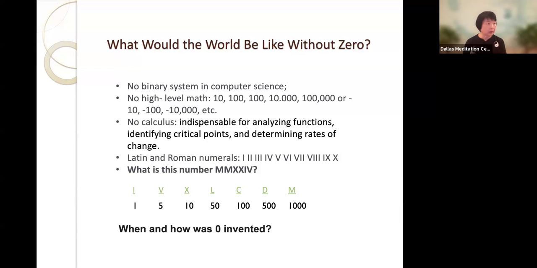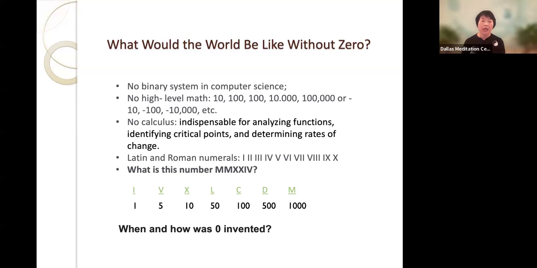Is there 0 there? There's no 0, okay? So without 0, it's hard to do high-level math. And also, what about minus? What about -1, -10? How do we conceptualize this idea of 0 or minus?